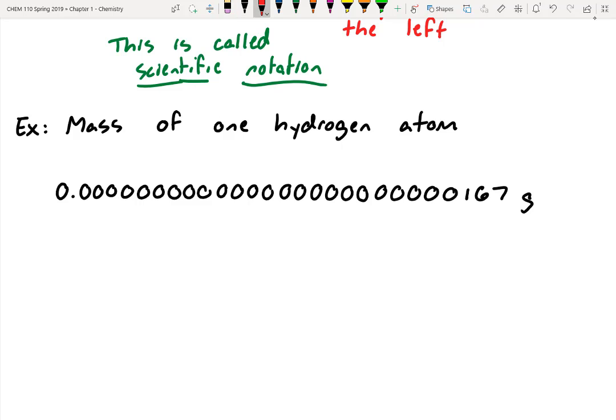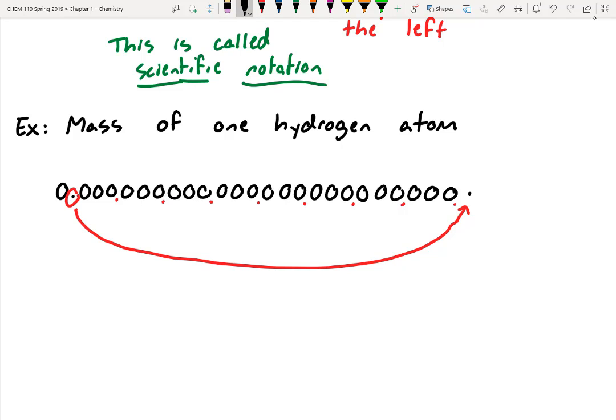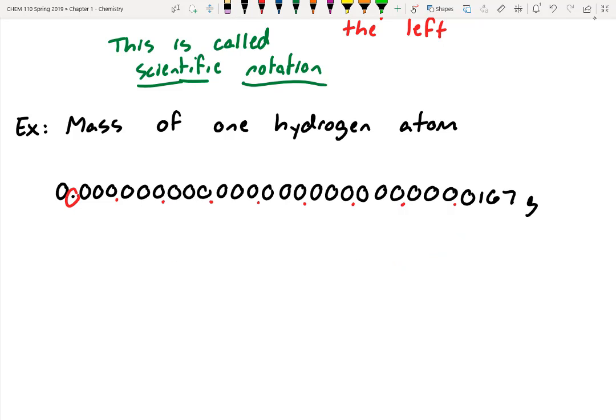So if we move this all the way after the first non-zero number, I think if I'm counting right, we moved it 27 spots to the right. Let me see, so 3, 6, 9, 12, 15, 18, 21, 24, 27. Oh, I forgot a zero. It's okay. So we moved it all the way after the 27 spots over.